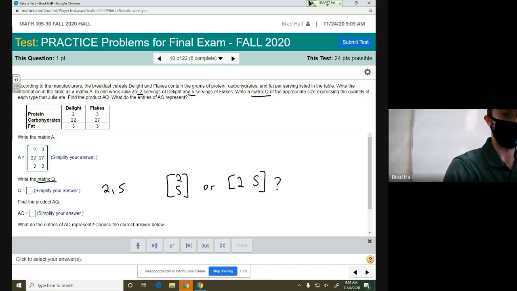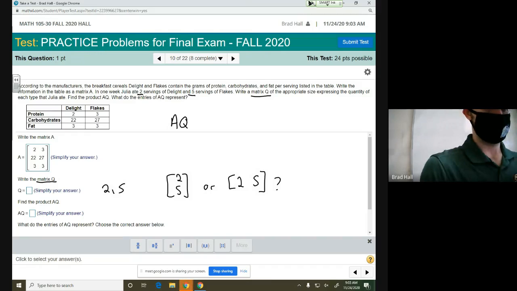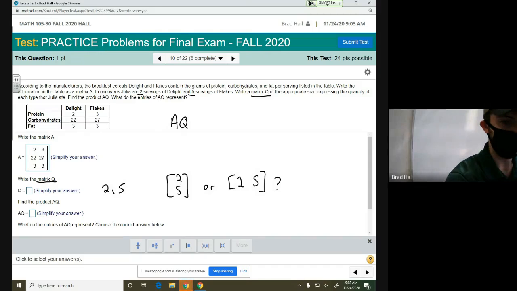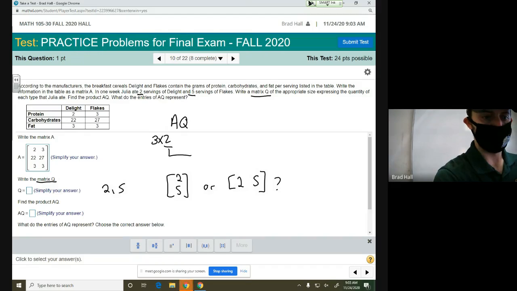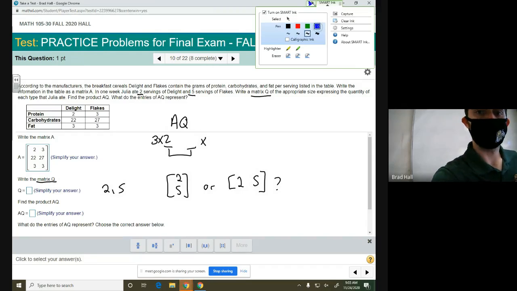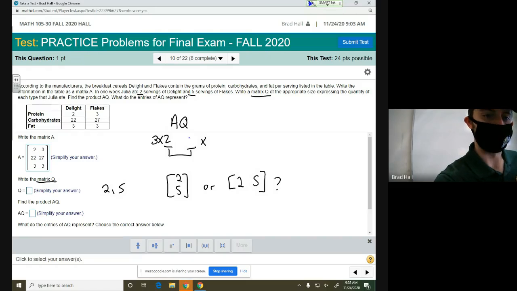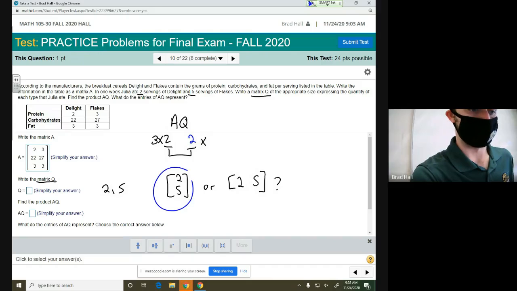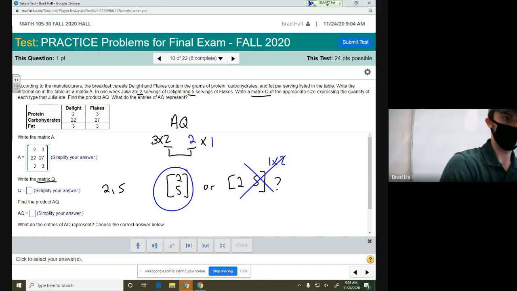Well, we need to multiply A and Q together. And if A is a 3 by 2 matrix, then I suppose the value for Q for the number of rows also needs to be 2 for this multiplication to make sense. So it does have to be this size, because the other one is 1 by 2, which means that multiplication wouldn't make any sense.